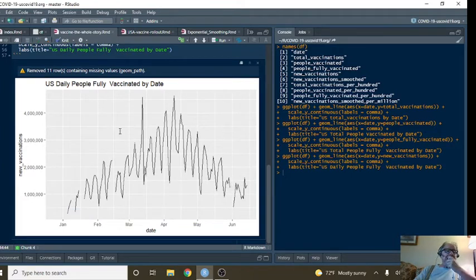Okay. If this is correct, this is interesting because this says that the number of people being vaccinated by day, the daily totals, not the cumulative totals, has been declining since mid-April to early May.